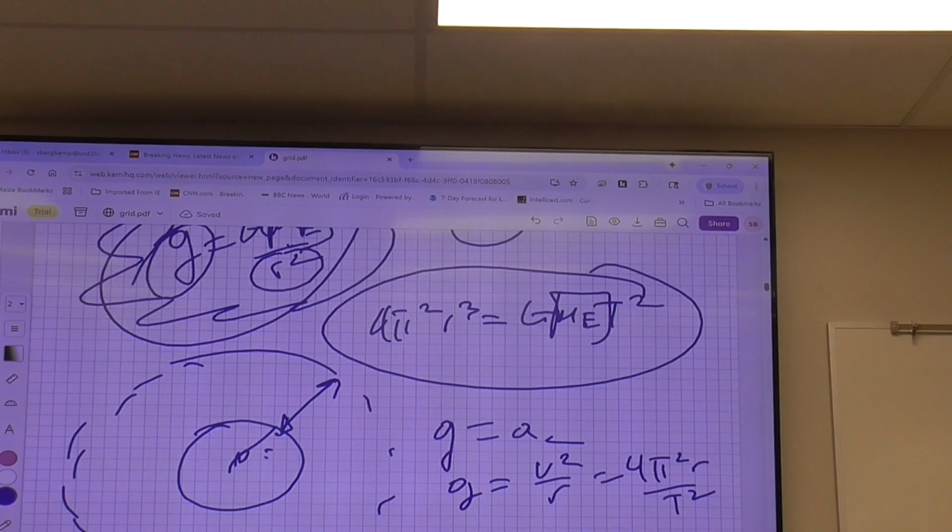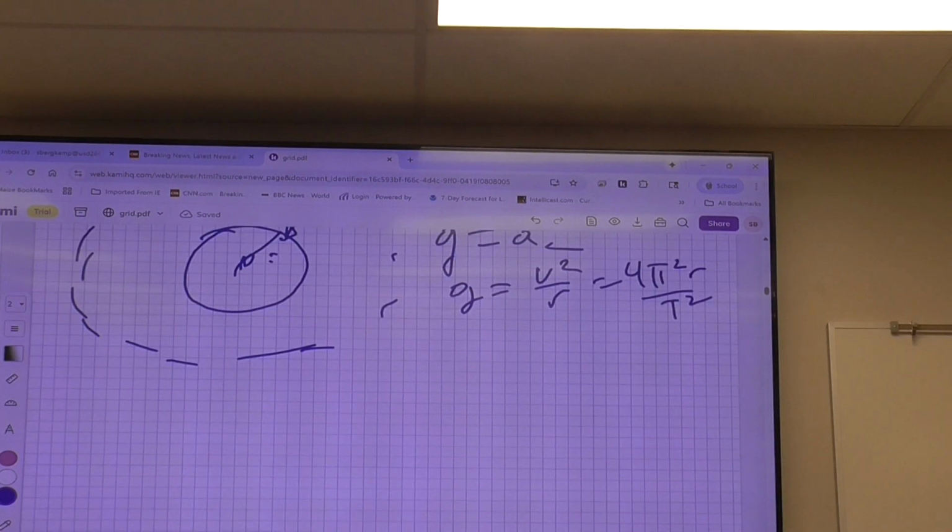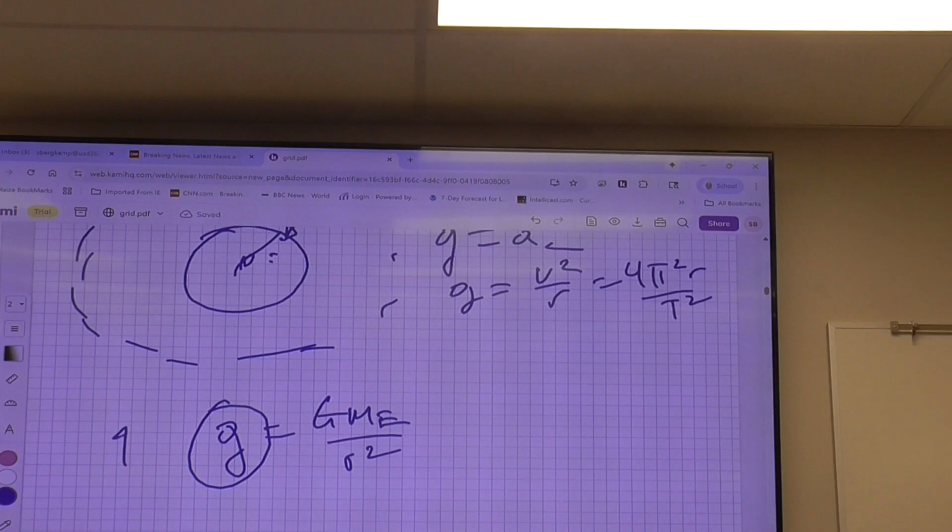Be able to work problems where I say, all right, for example, here's your equation for little g equals big G mass of the Earth over r squared, okay? And I might say, all right, I want g to increase by 3. Assuming that the mass of the Earth remains constant, what would be the new radius?